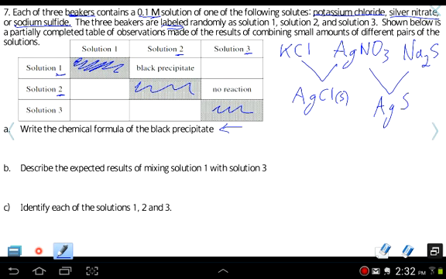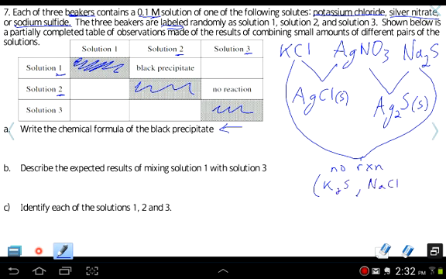Sulfides in general are not soluble, and silver sulfide is not soluble, so you got yourself a precipitate. In the final case, when we mix these 2 together, there actually is no precipitate, so no reaction, because both potassium sulfide and sodium chloride are still soluble due to the fact that they're both from group 1, and all group 1 metal ions are always soluble.